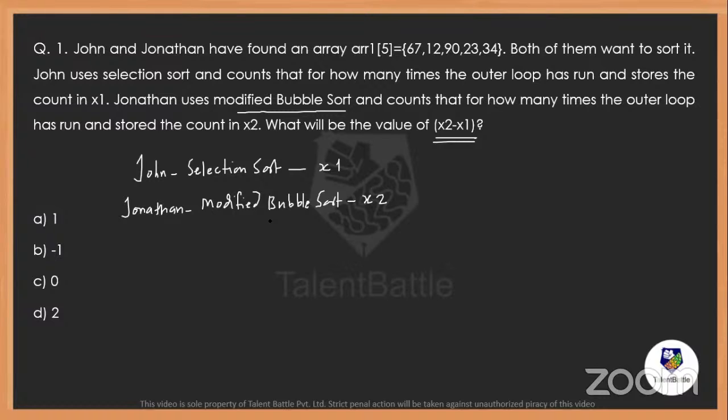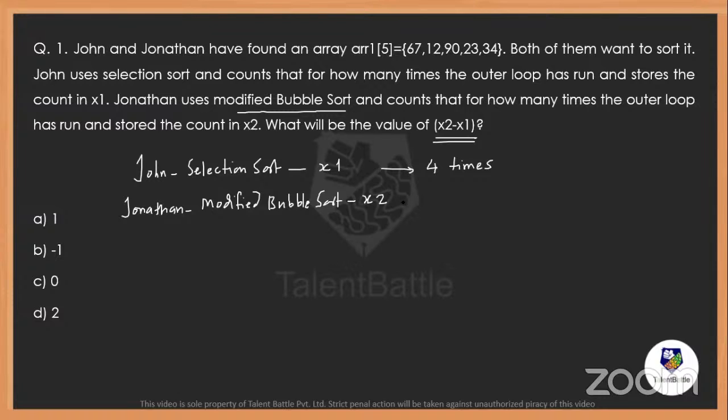If you have to sort an array of size 5 using selection sort, the outer loop is going to execute 4 times. Now, how is this 4 times calculated?